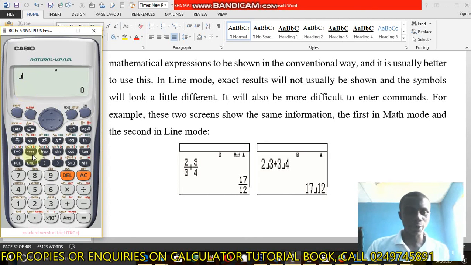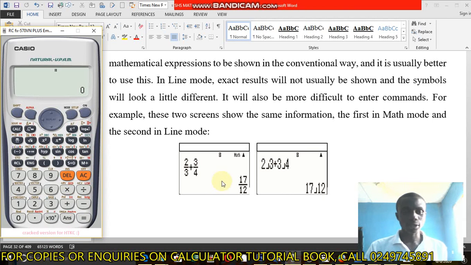So you have selected number 2. Now, let's press on the fraction key. Look, when we press on the fraction key, look at how our fraction is appearing. And we want to enter, let's say, 5 over 2. This is how our fraction is appearing.